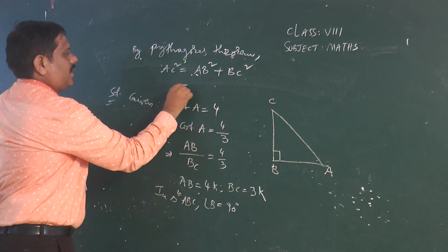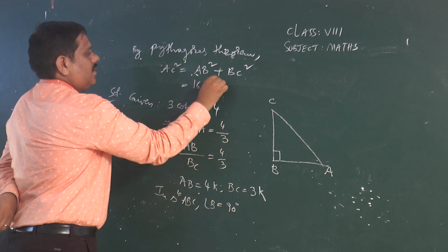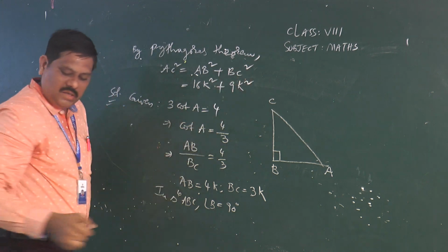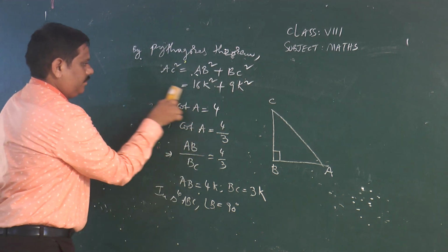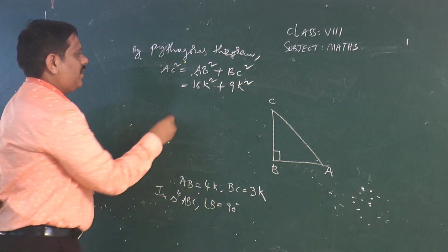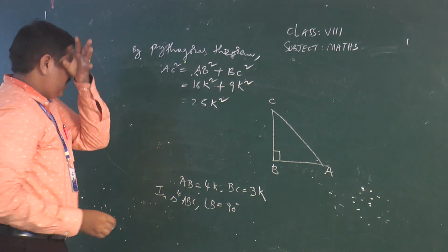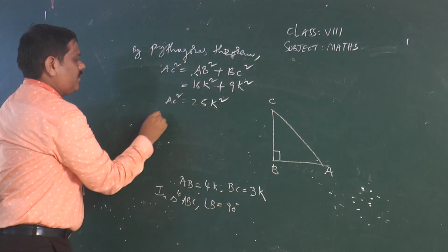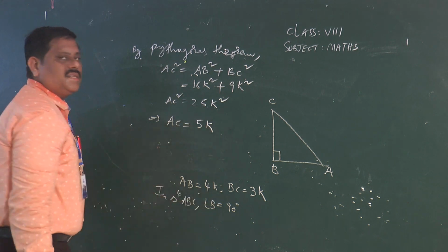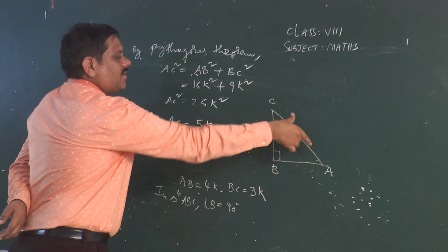AB is given as 4K, that is 16K square, plus BC, that is 3K, so that is 9K square. Let us simplify that. That is going to be 25K square. As AC square is 25K square, AC is 5K. Now we know BC, AB as well as AC.